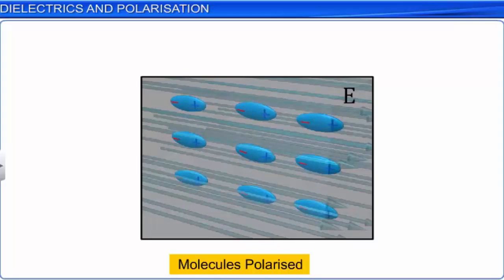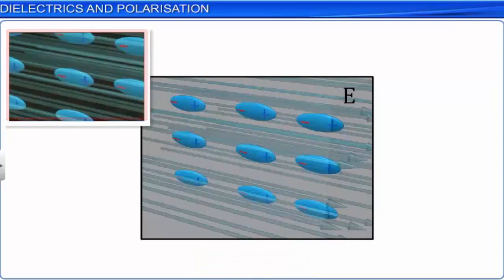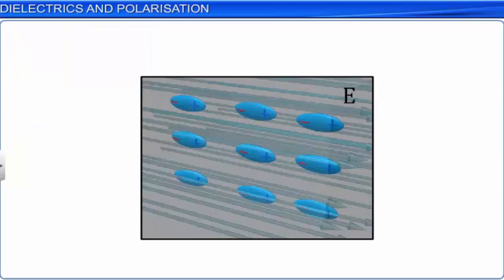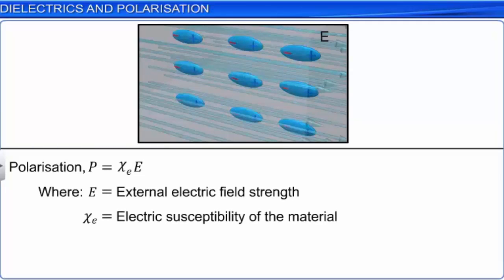Let us consider the polarization P of such materials, which is defined as the electric dipole moment per unit volume. For linear isotropic dielectric materials in a uniform external electric field, the polarization P is equal to psi E into E, where psi E is the electric susceptibility of the material.